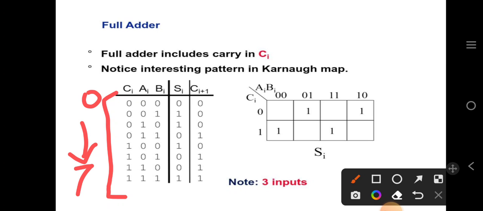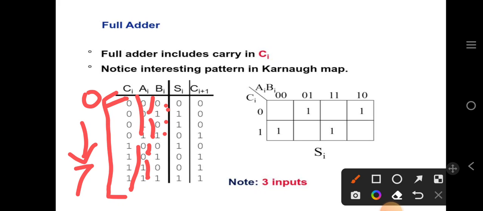So you can write down the binary code for 0 to 7, or remember it like this: 0 1 0 1 0 1, then 2 times 0, 2 times 1, 2 times 0, 2 times 1, then 4 times 0, 4 times 1. This is how you can remember how to write the input combinations.